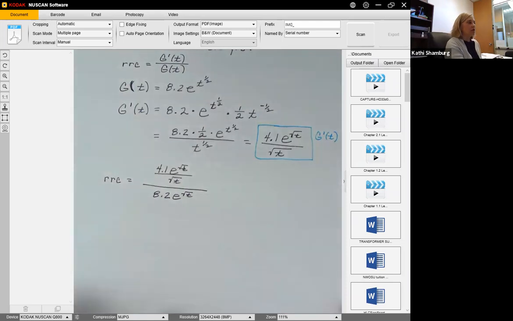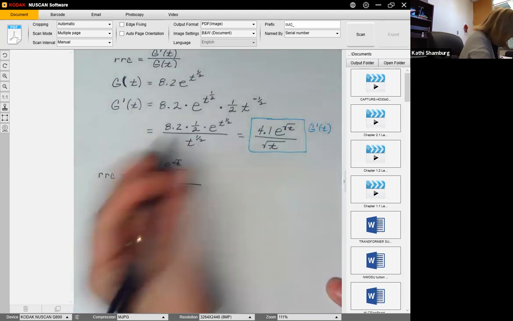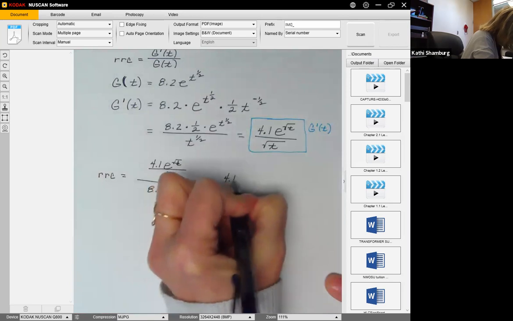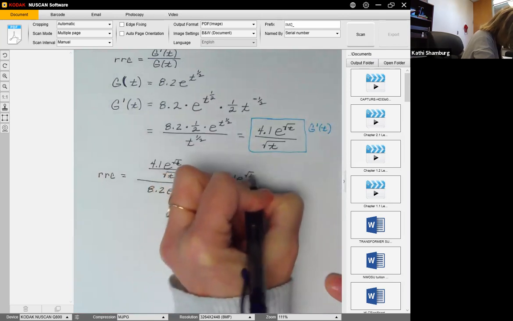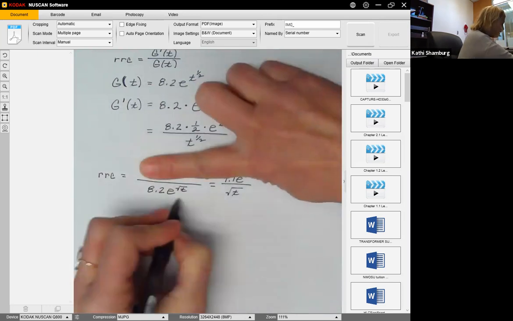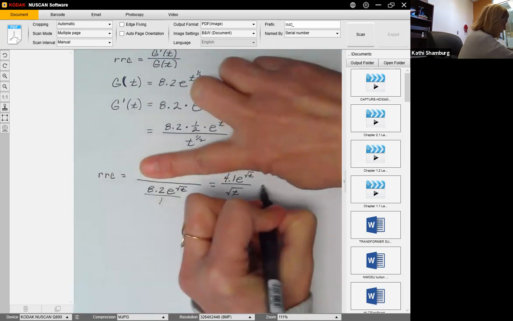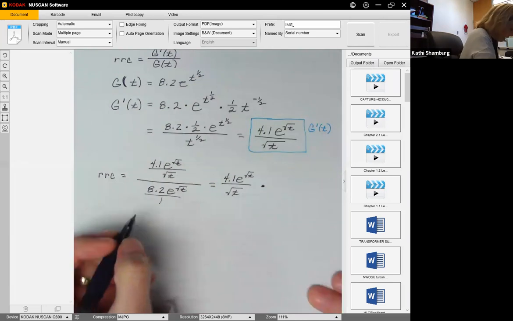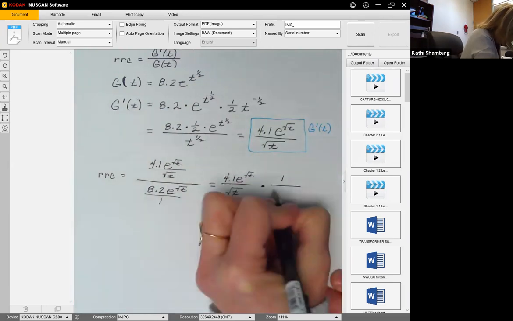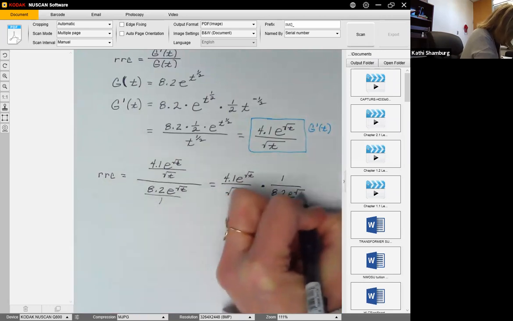Now, this goes back to dividing fractions. If you remember, leave the numerator alone. Looking at the denominator, this is all over 1. And so you change this to multiplication and you flip-flop or take the reciprocal, which would be 1 over 8.2 e to the square root of t.